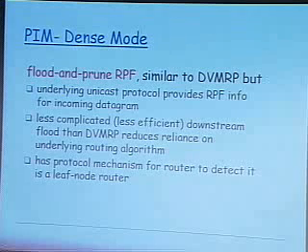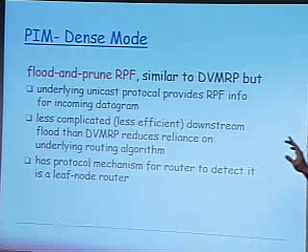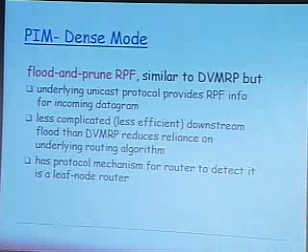So PIM dense mode again is flood and prune. You send out packets everywhere, similar to DVMRP. What's different from DVMRP is, DVMRP has its own distance vector routing protocol.